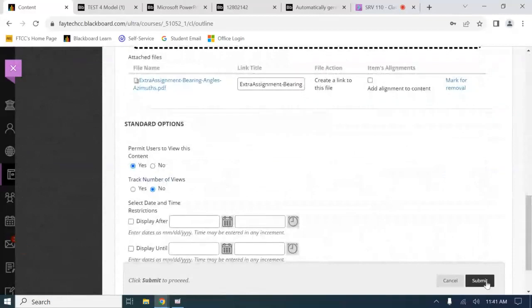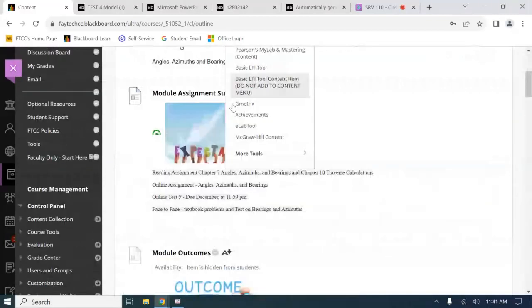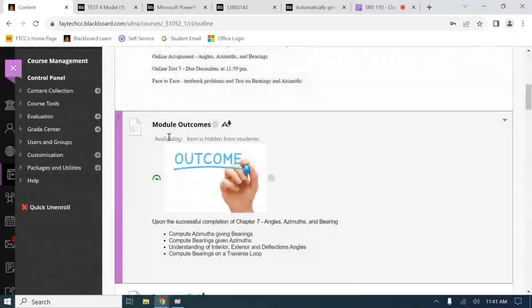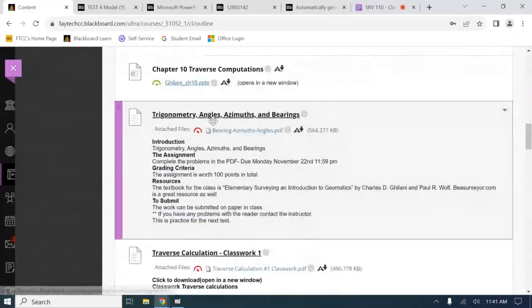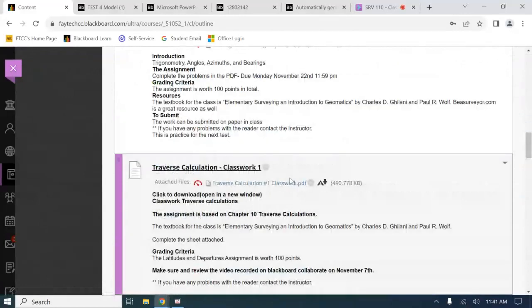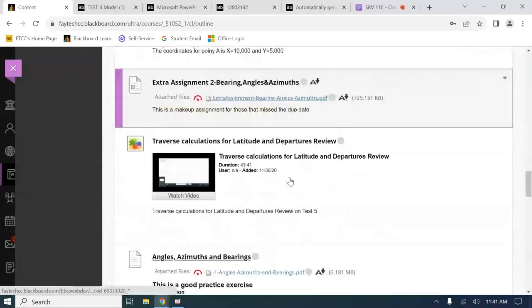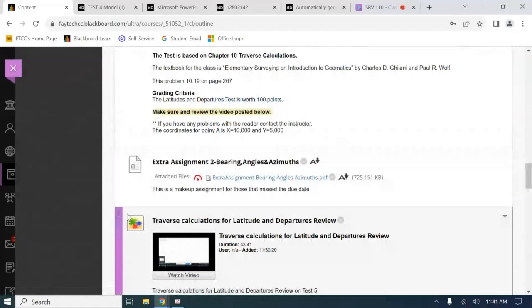I probably should group them together. That's the original one. So I got the 29th, and I'm going to move this one up.